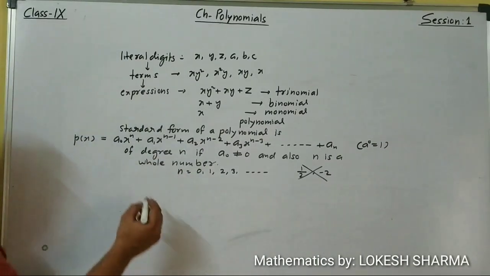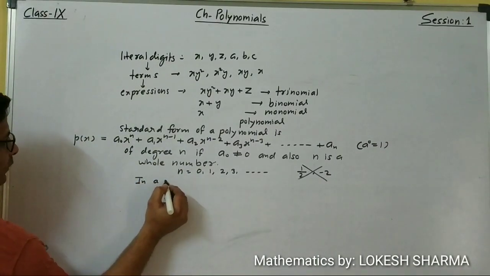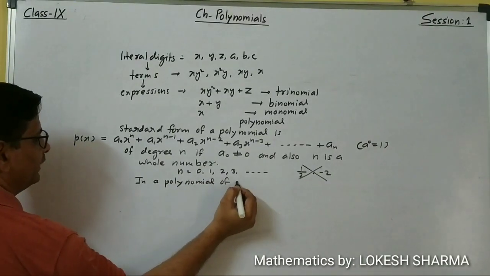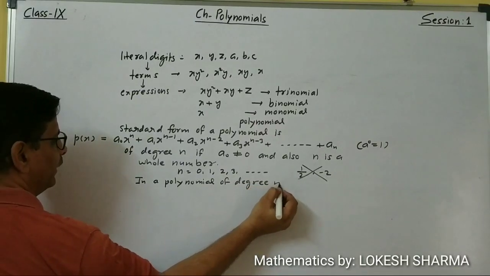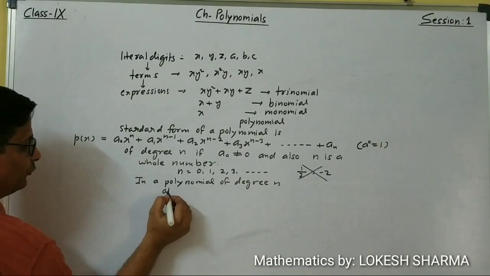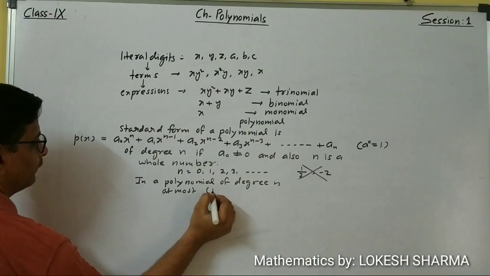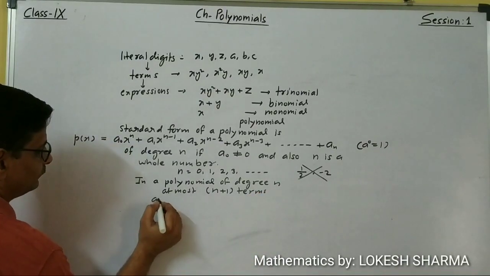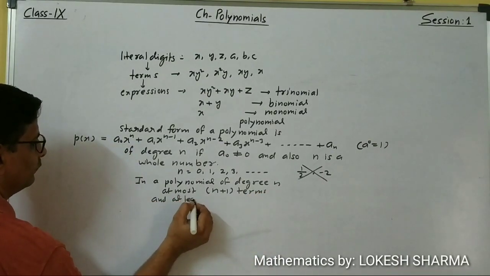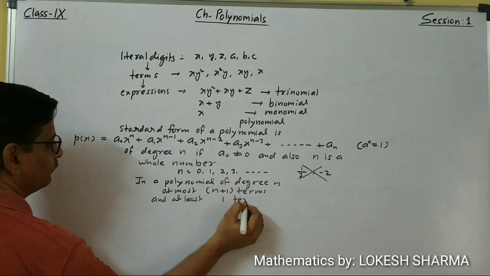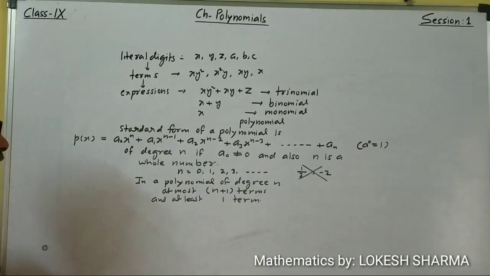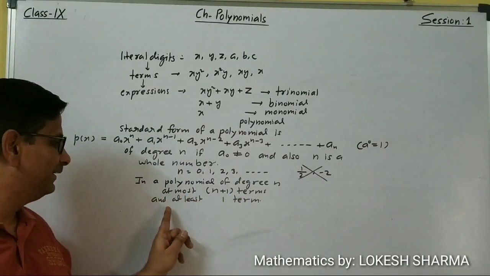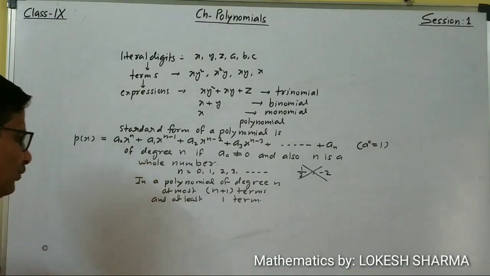In a polynomial of degree n, there are at most n plus 1 terms and at least 1 term. So if the degree of a polynomial is n, then it can have at most n plus 1 terms and at least 1 term.